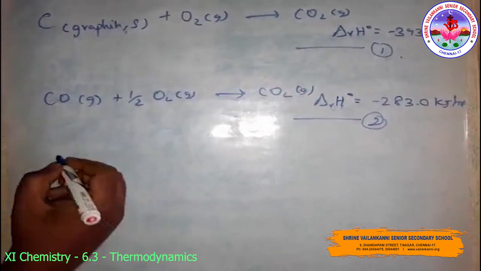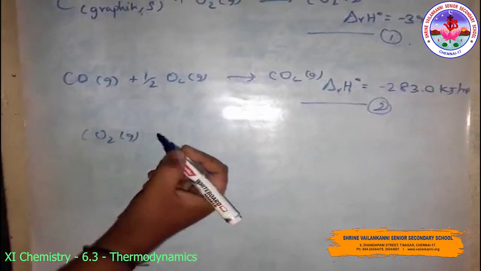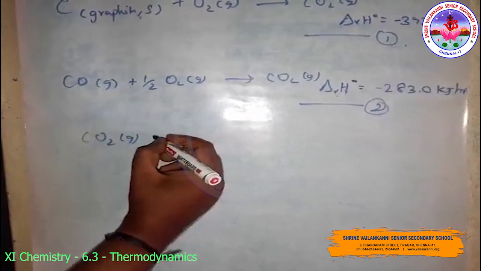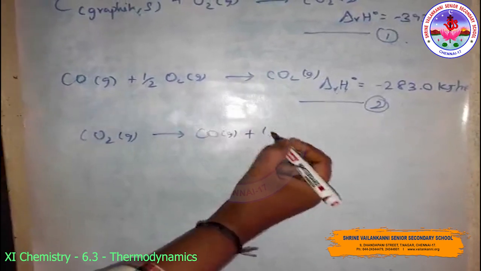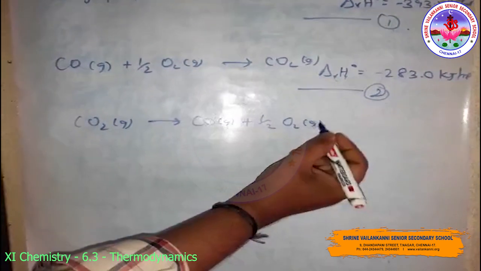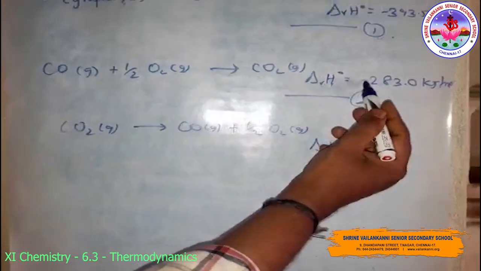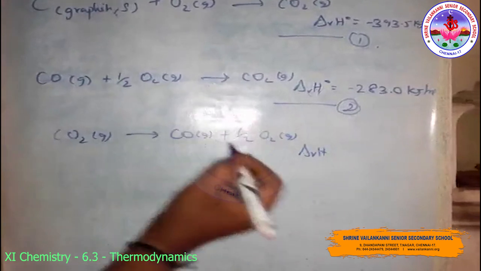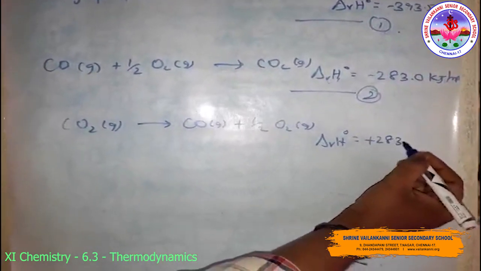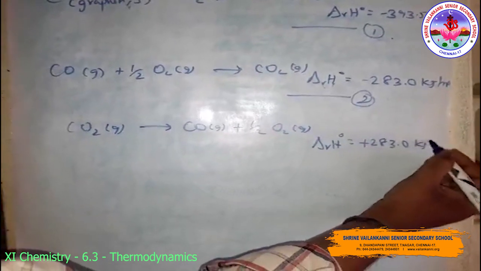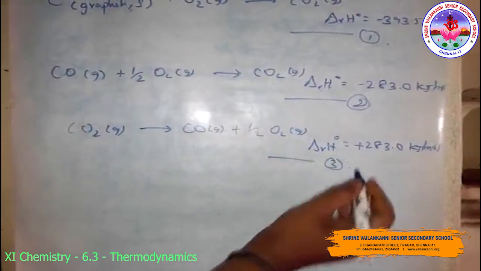So the CO2 gas, in the reverse reaction, gives 1 mole of CO gas plus half a mole of O2 gas. We change the sign of the second equation, so plus 283.0 kilojoule per mole. Now this is equation 3.